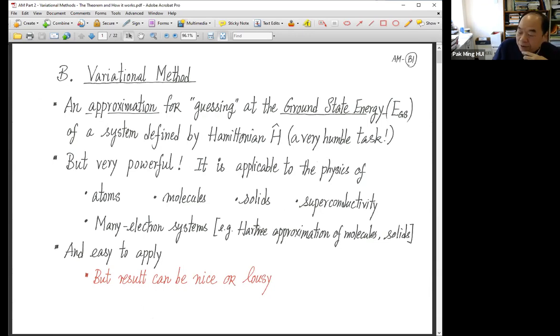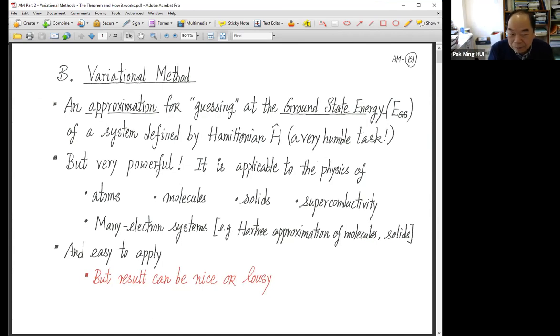In solids, in some fancy theory called the BCS theory of superconductivity, that can be formulated as a variational method result. So even with a very limited task to start with, the applications are impressive.